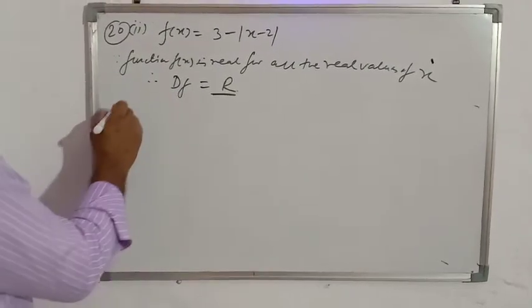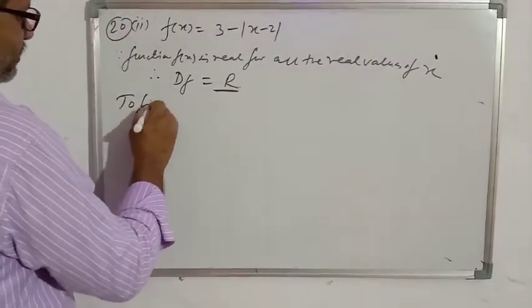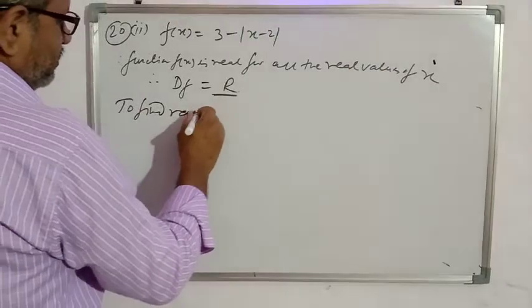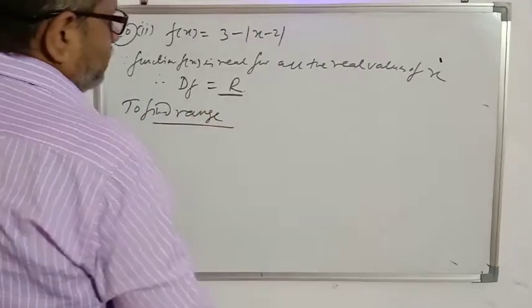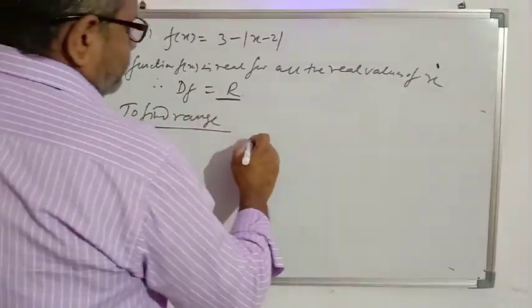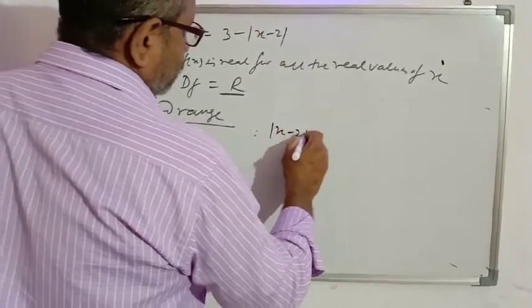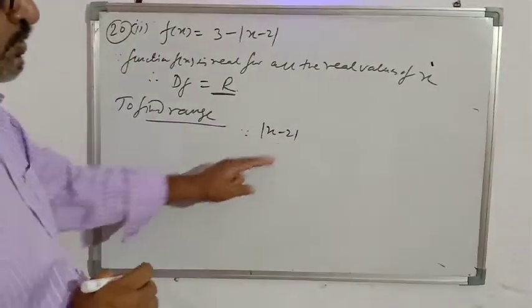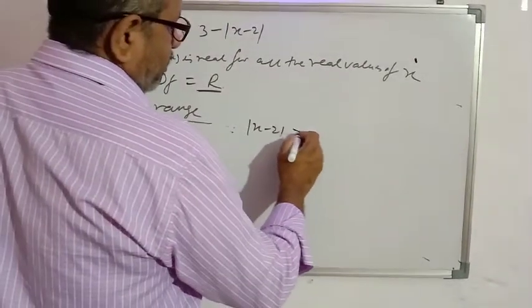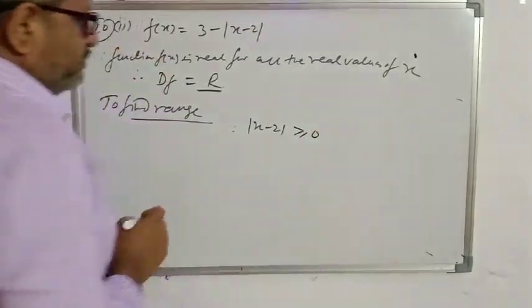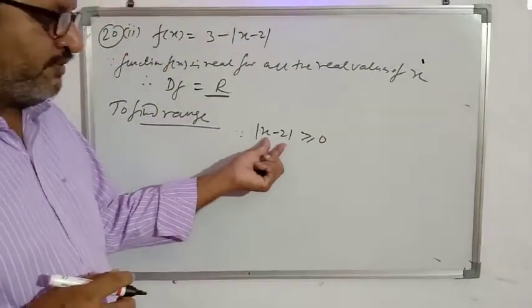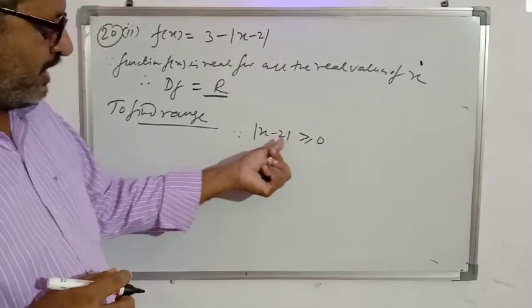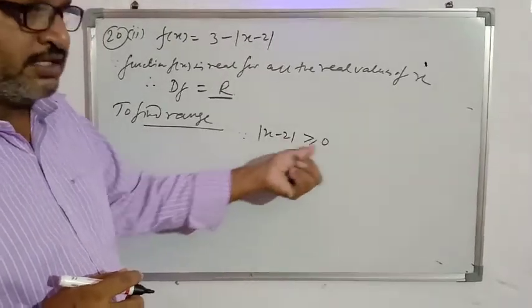Now we have to find the range. What is |x minus 2|? The absolute value of x minus 2 is always greater than or equal to 0. We cannot take the absolute value as negative. |x minus 2| is either 0 or greater than 0.